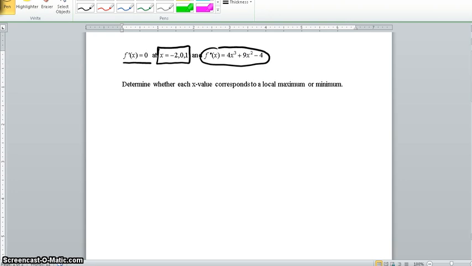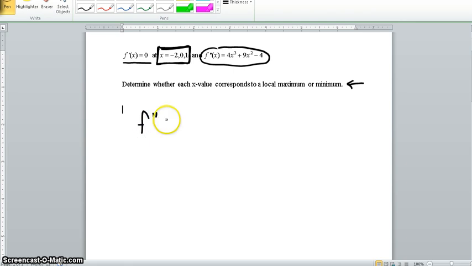If we have the second derivative given and we're asked to find where a local maximum or local minimum occurs, the second derivative test is going to be easy because we've got the second derivative right in front of us. The way that works is one by one you start plugging your critical values into the second derivative.